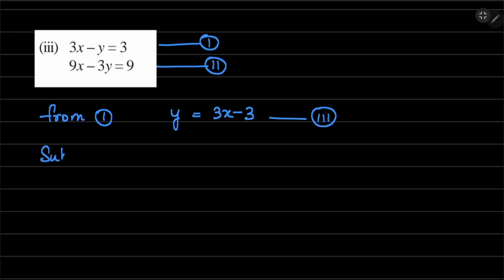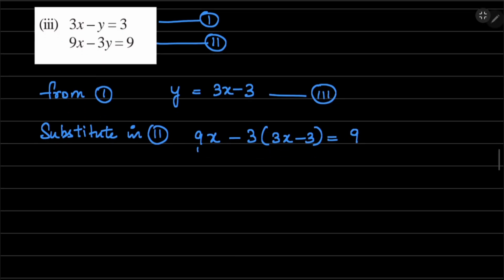Now, substitute in equation 2. So when you substitute, what do you get? 9x minus 3y, in place of y, I can write 3x minus 3, is equal to 9. Solve it, open the brackets.